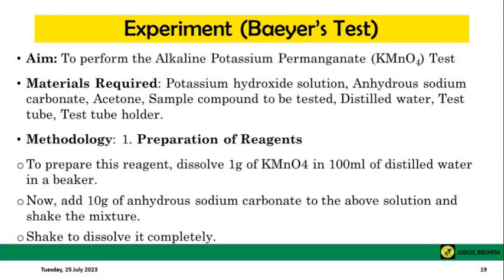Once your solution is prepared, add 10 grams of anhydrous sodium carbonate to that solution. Remember to shake the mixture very well, in order to make sure that the 10 grams of anhydrous sodium carbonate that you added would be able to dissolve completely.